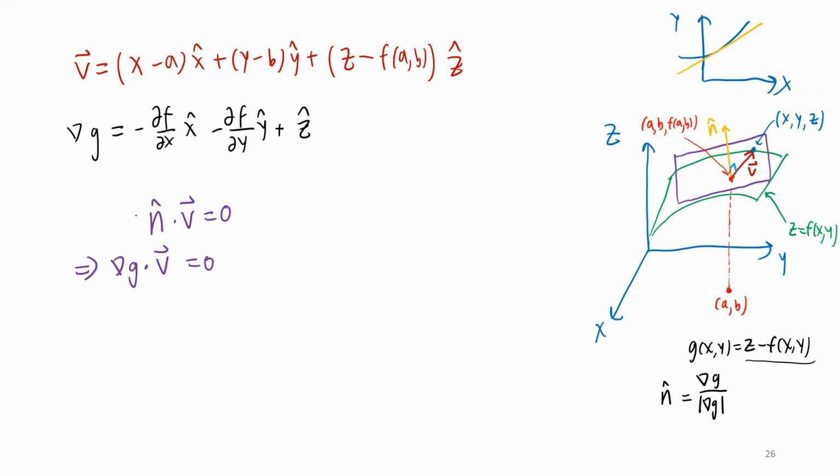And the gradient of G dot v, you can work out over here. I'll just write out the answer. You'll be able to find that this is giving you this.